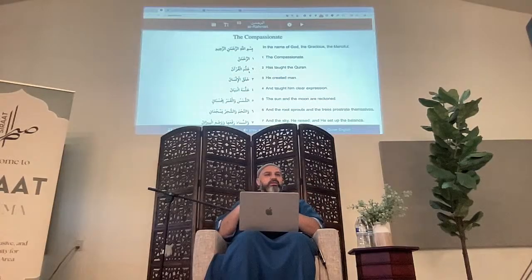But Allah in a hadith Qudsi says this, you can find this in At-Tirmidhi. He says, Inni ana Allah, wa ana Rahman, wa ana khalaqtu ar-Rahim, wa shaqaqtu laha min ismi.